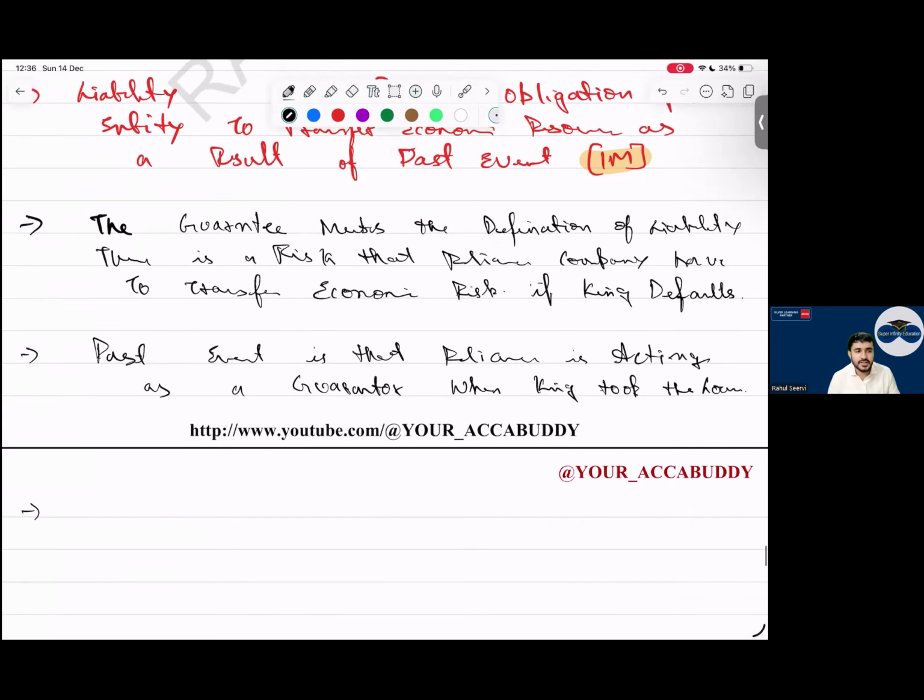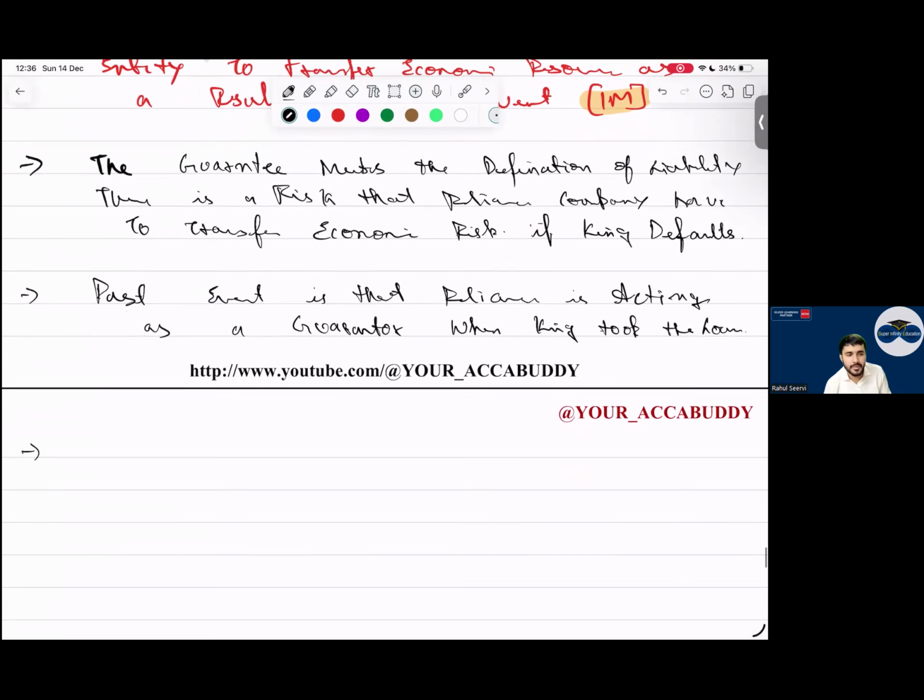Now coming to recognition. Now explain recognition, beta. Can I say here, recognition will not provide relevant information? Why?